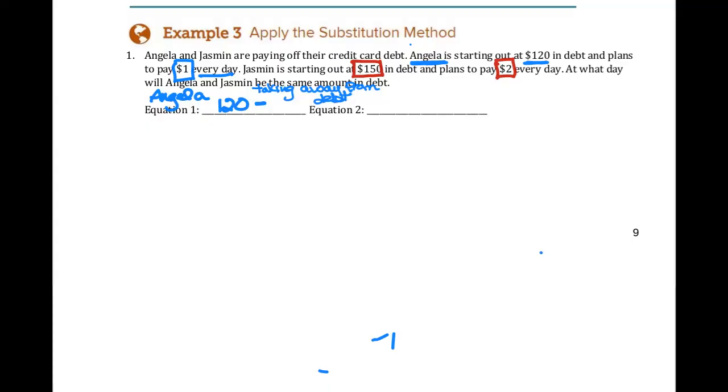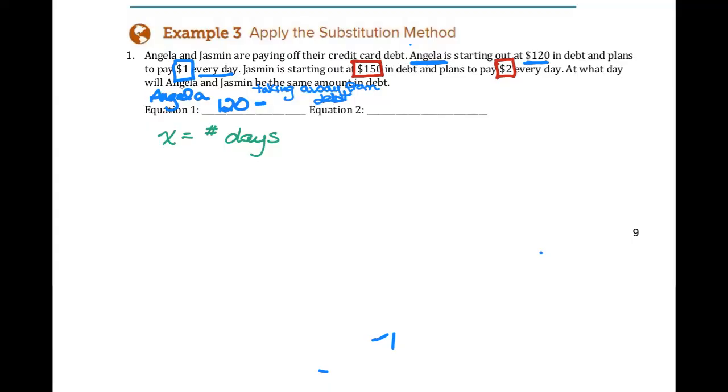Now, she is going to pay $1 every day. Do we know how many days? No. So let's put, and sometimes, and I probably should have started this, but they didn't have it here. Let's say X is equal to the number of days that we're talking about. And we don't know what those days are. But she's going to pay down that debt $1 every day.